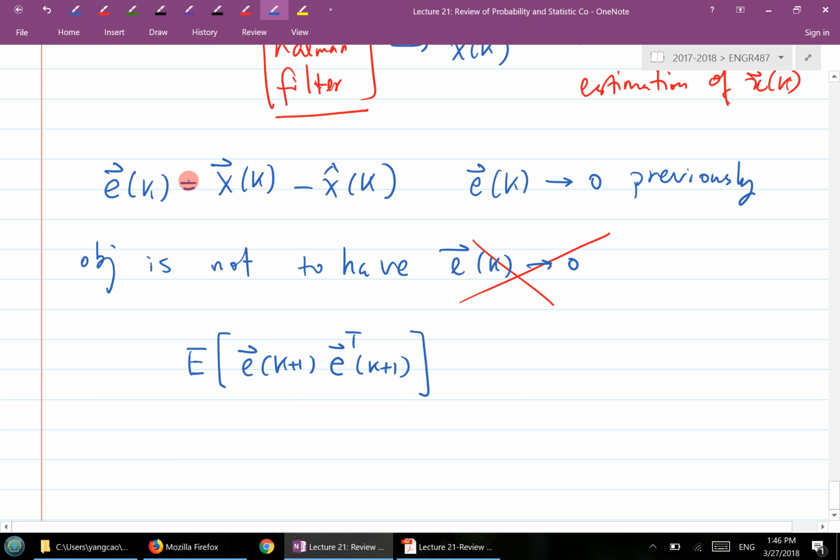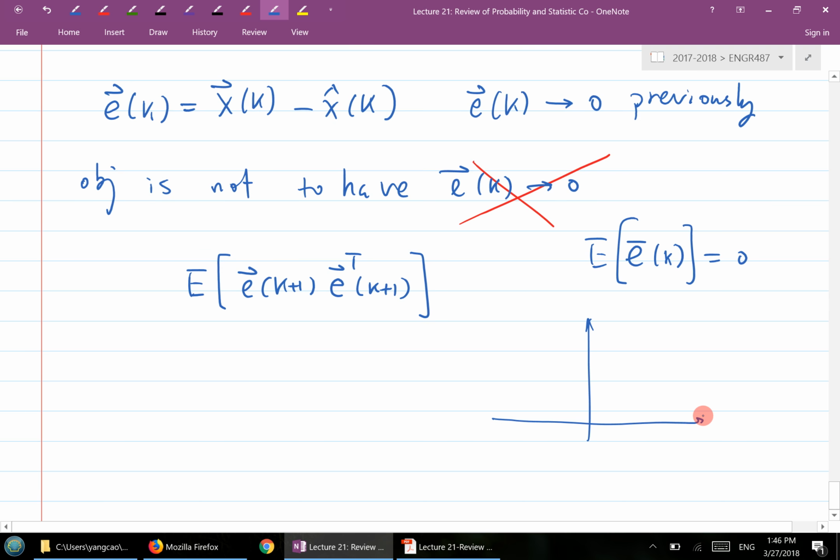Because it's white noise, we are guaranteed that the mean value of the error will be 0. What I write here is the correlation, but when the mean is 0, this is essentially the covariance matrix of the error.